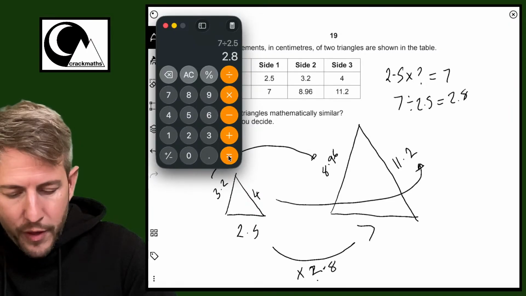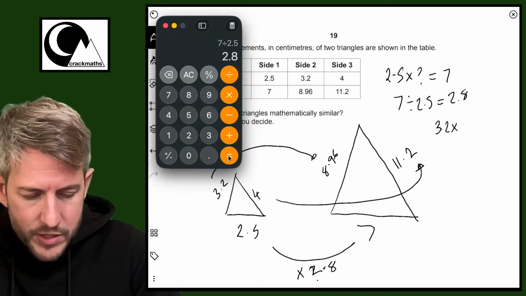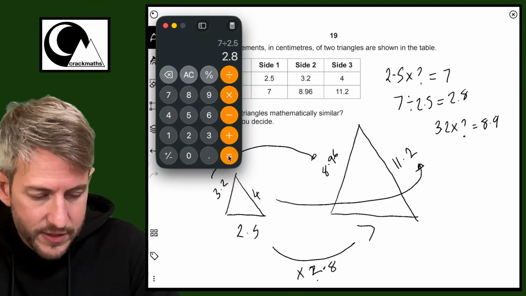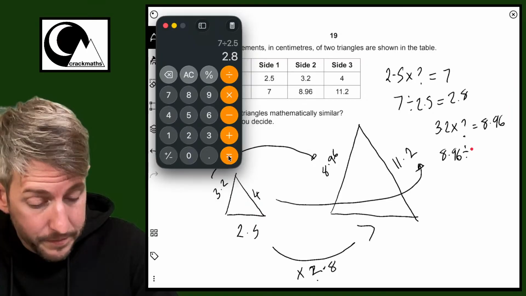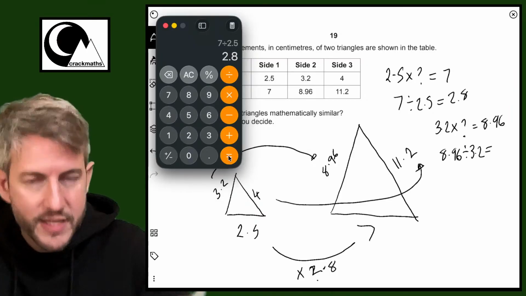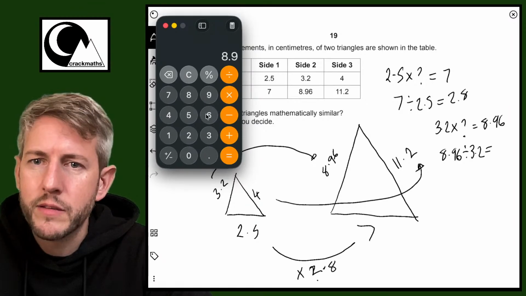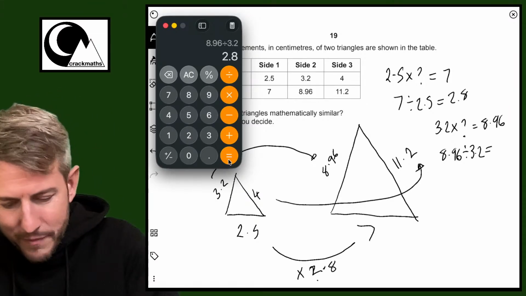Now let's try the 3.2 to the 8.96. So 3.2 times something equals 8.96. So let's do 8.96 divided by 3.2 and see what that gets. It equals 2.8. Oh, well, yeah, that one's right then.